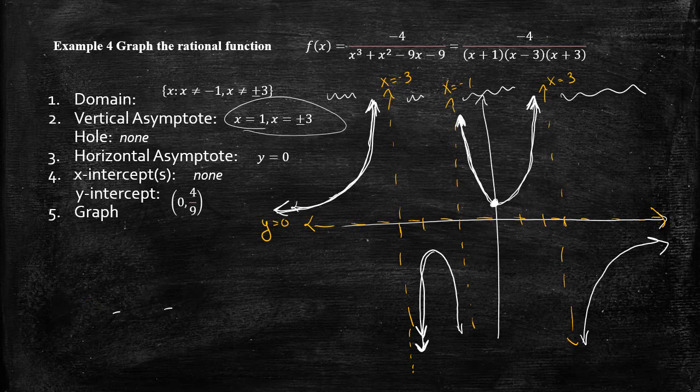Again, there is nothing wrong with plugging in points to check. Remember, you're just checking to see if you get a positive value back or a negative value back. You could plug in, for example, 4 and double check that f of 4 gives a negative value.